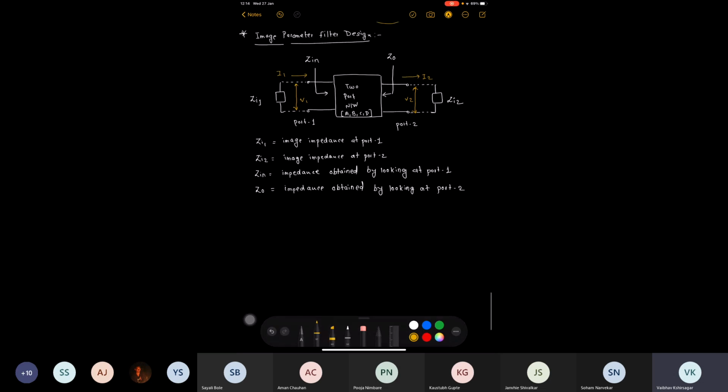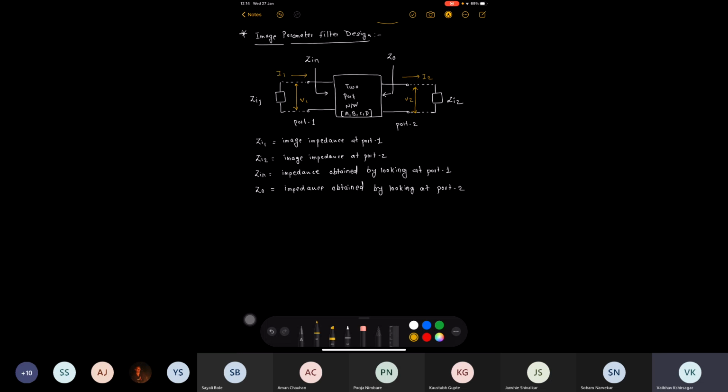Now you already know how the transmission line parameters are expressed. These are expressed as voltage and current at one port with respect to voltage and current at the other port. So here we have two ports, port 1 and port 2. We have V1 as the voltage at port 1, I1 as the current at port 1.